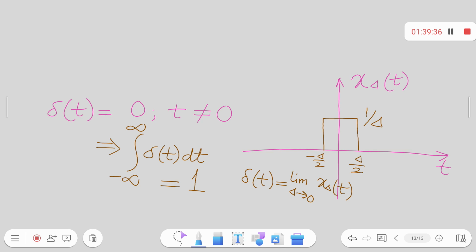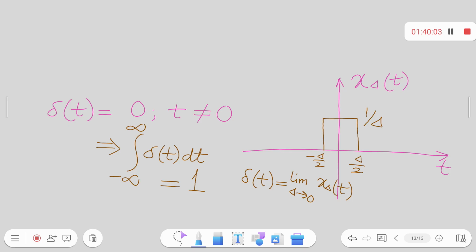For defining the signal at t is equal to 0, you have to refer to all the time from minus to plus infinity. So the integral from minus to plus infinity of delta t dt is equal to unity, and delta t is equal to 0 for t not equal to 0. And this definition is a little bit difficult to understand under this continuous time representation.